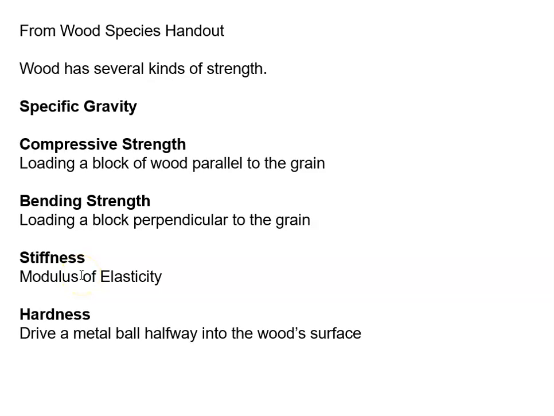So no permanent damage has occurred, and it's just a measure of that strength, taken from the stress-strain curve, and it's of course the slope of the early stage of the stress-strain curve. And then hardness. So that is driving a metal ball halfway through a wood surface, and we'll talk more about that in a moment. Okay.